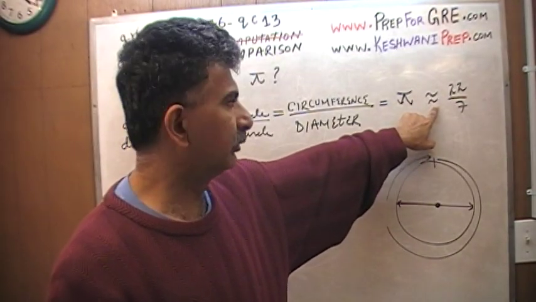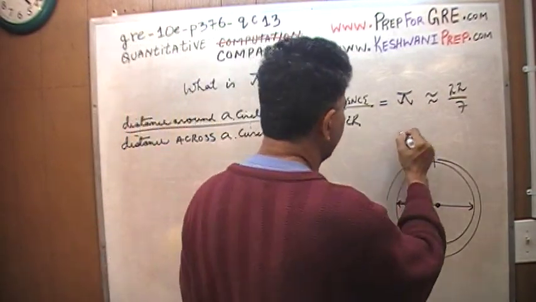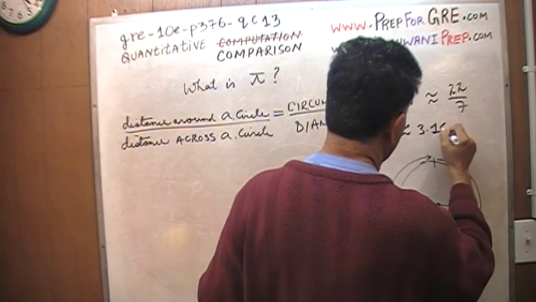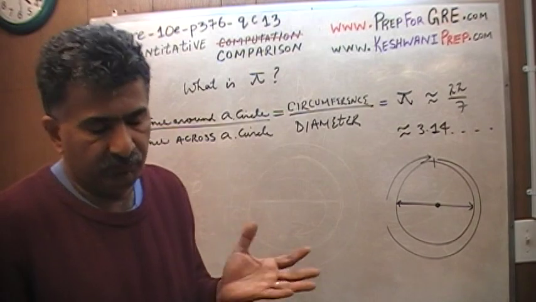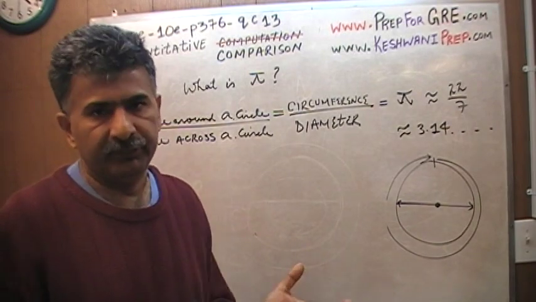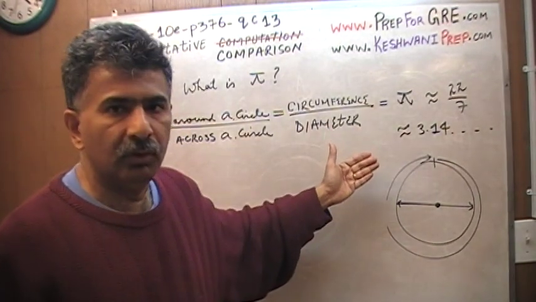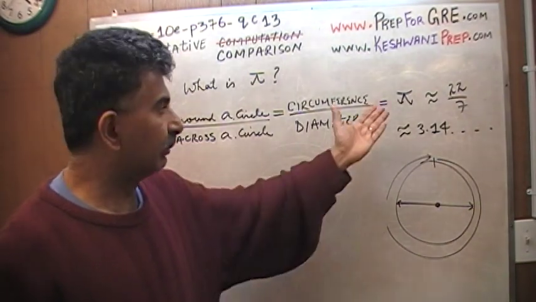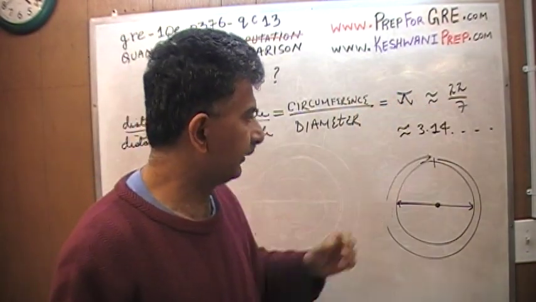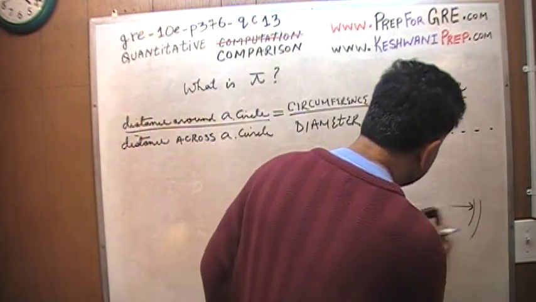Approximately it is equal to 3.1418 something. It goes on forever. It never ends. An irrational number is so called because there is no ratio of numerator to denominator that you can express to represent this quantity. It's approximately that. And that's what pi is.